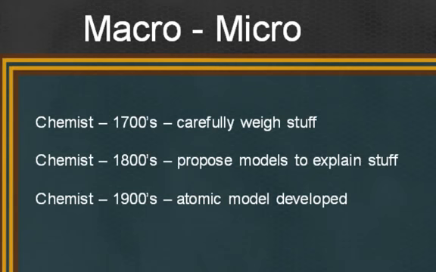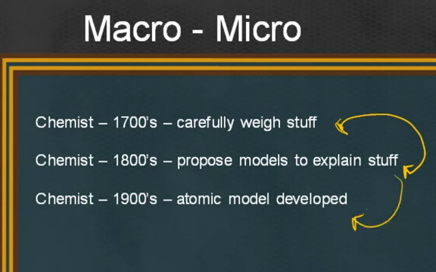And as they were doing this in the 1700s, the models were developing as to how things were changing, the relative mass scales of the different elements that they were creating. And so they started developing models to explain what they were experiencing in the lab. And the models to explain how stuff was changing led us to the atomic theory very early on in the 1800s, and it was fully developed in the 1900s.